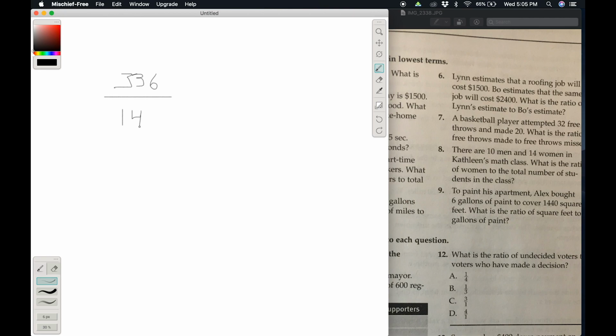I mean, we can see that 2 goes into both of these. Wonder if 14 would go into there. Let's see, 14 into 336. Oh, actually, I'm writing this the wrong way. 336 is the dividend, divided by the divisor. 14 goes into 33 2 times. 2 times 14 is 28.